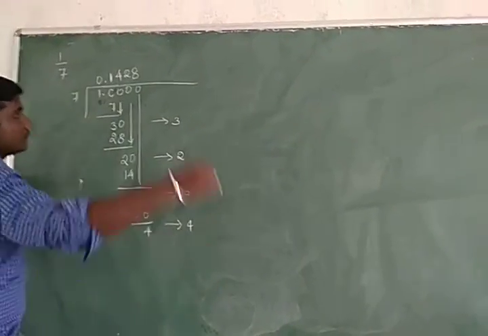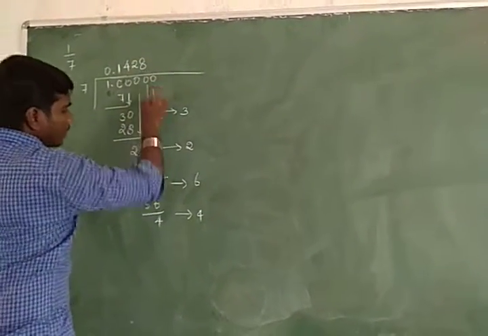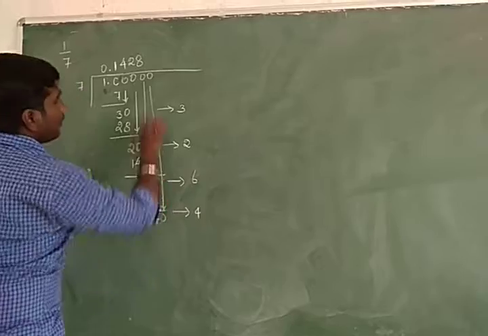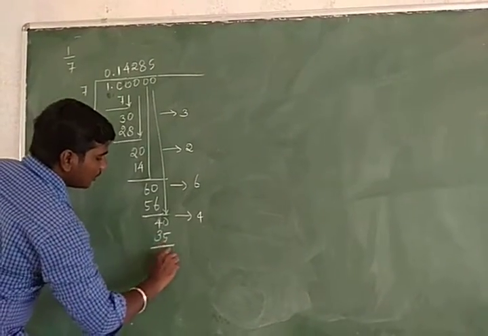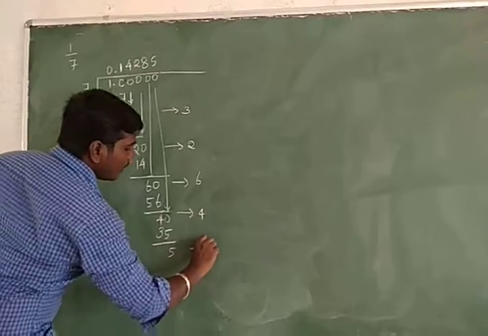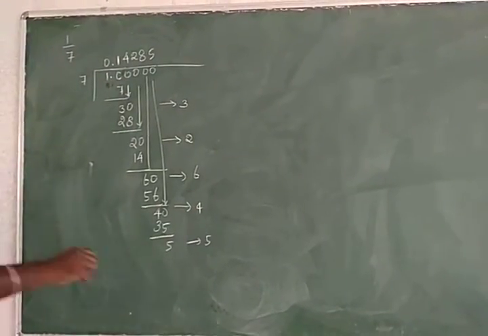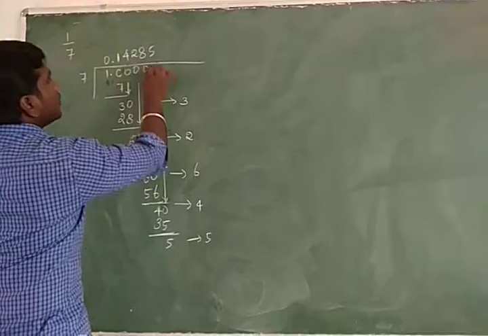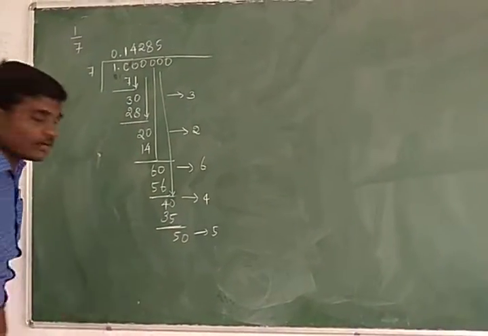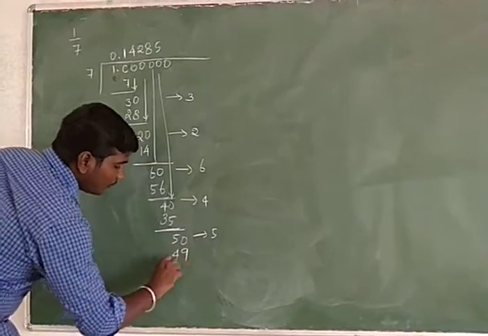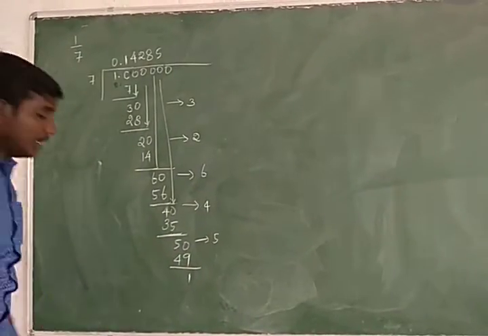Then again next 40. 5 sevens are 35. Remainder 5. Then next 0: 50. In 50, how many 7s are there? 49. Then again remainder 1.